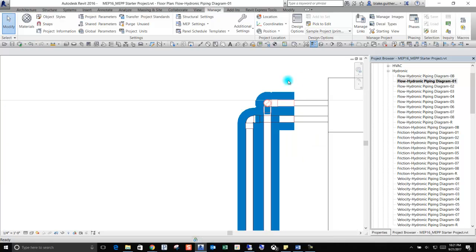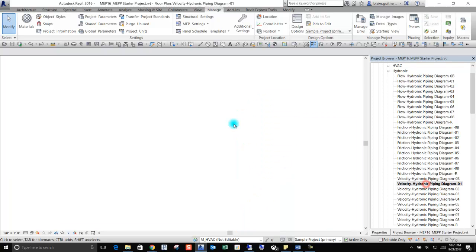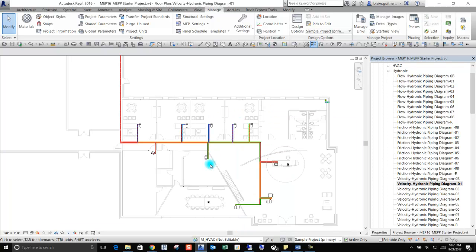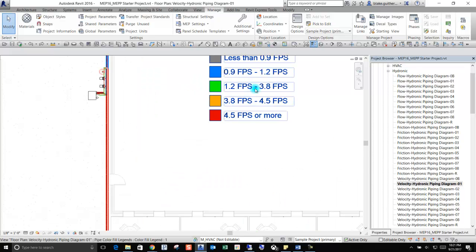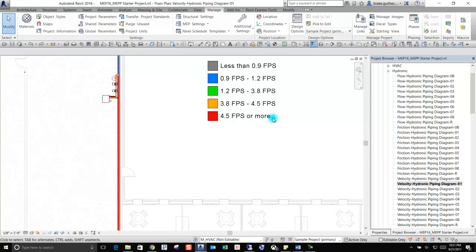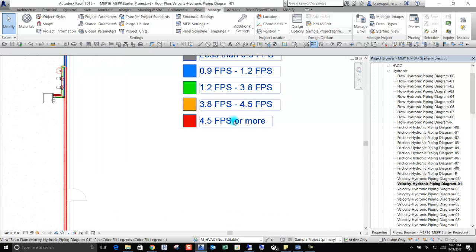Now the other method that you can use, or views, to help you design your system is friction or velocity diagrams. I'm going to go to the velocity diagram, and as you can see, we have a color legend applied here as well. So say, for example, your firm didn't want any pipe sized over 4.5 feet per second in hydronic systems.